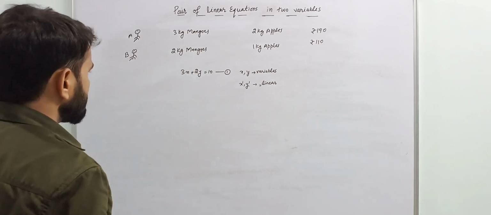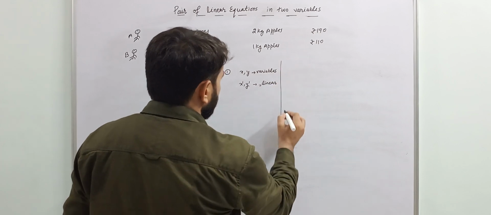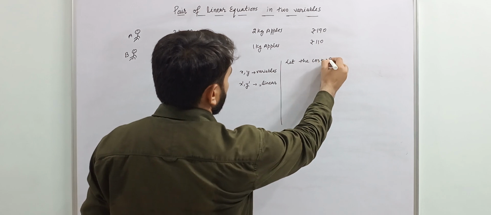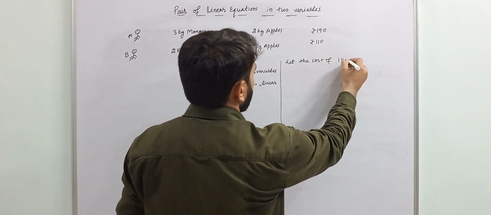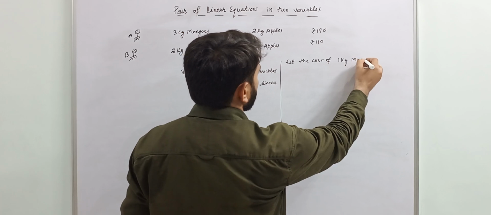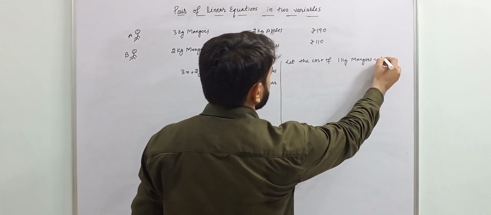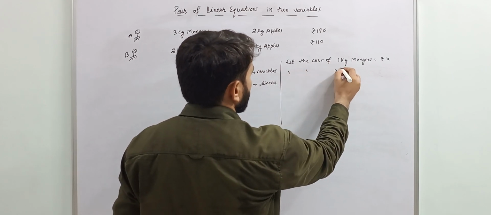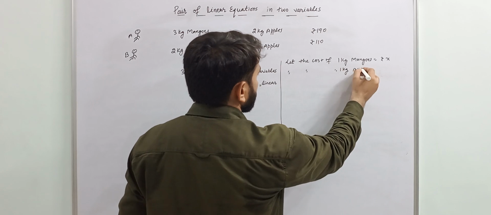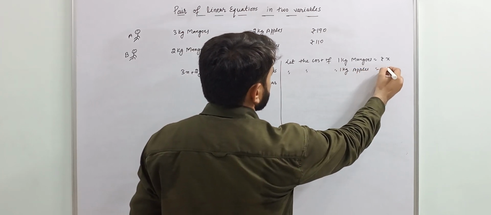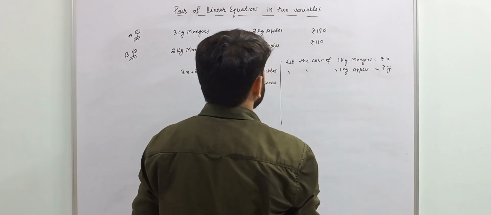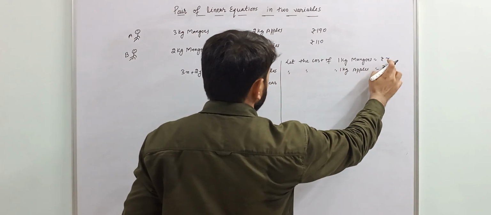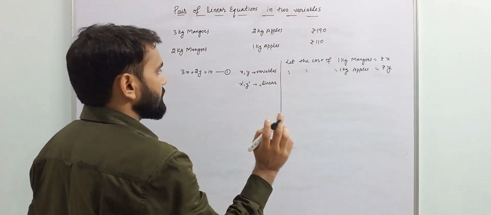All right, so if I say let the cost of 1 kg mangoes be x rupees and the cost of 1 kg apples be y rupees, then 3 kg mangoes cost 3x, because the cost of 1 kg mango is x.